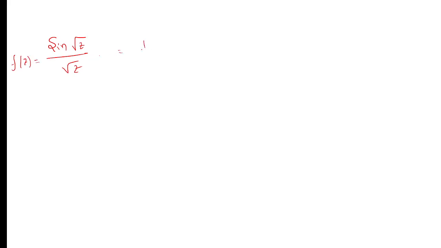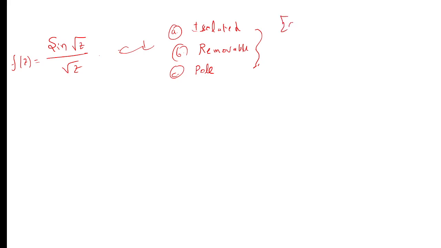This is the equation, and we need to comment whether it is a pole, an isolated singularity, or a removable singularity. You know the conditions. Do you know how to expand by Laurent series? You need to study that. The Laurent series is the sum of an and the sum of bn, with terms in z minus z naught and z minus z naught to the power of negative n.